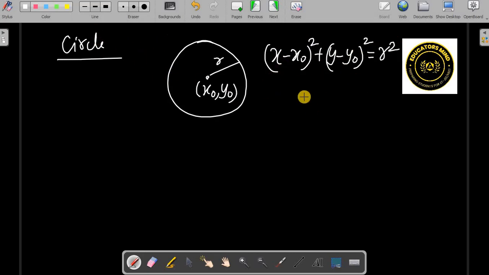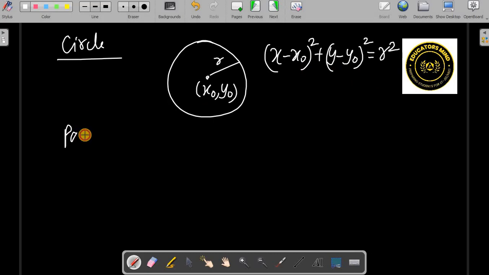Okay, that's the general equation. And if x naught y naught is origin, the center is origin, then what will be the equation? Then 0 0 we substitute, and it will become x square plus y square is equal to r square.